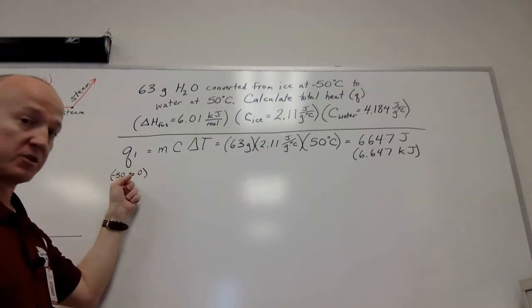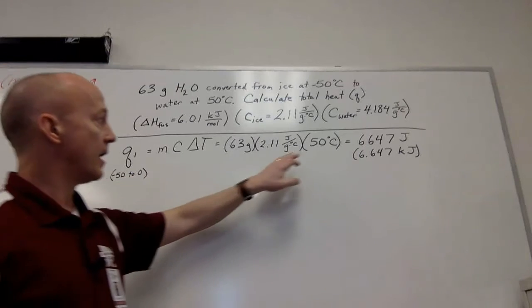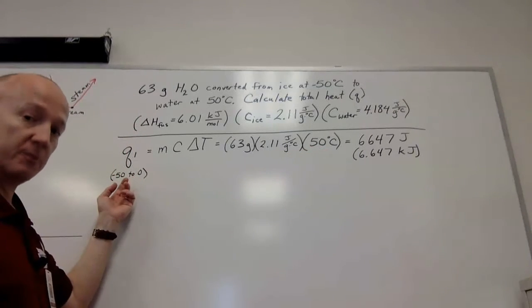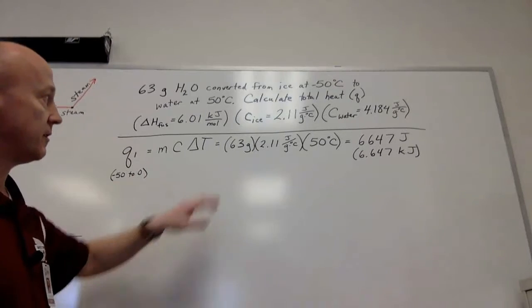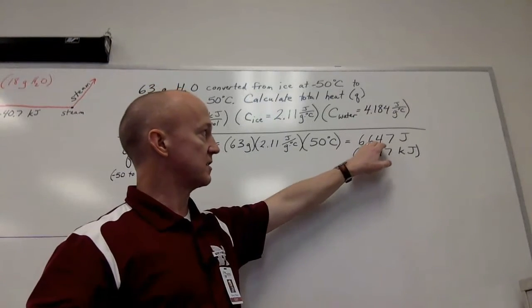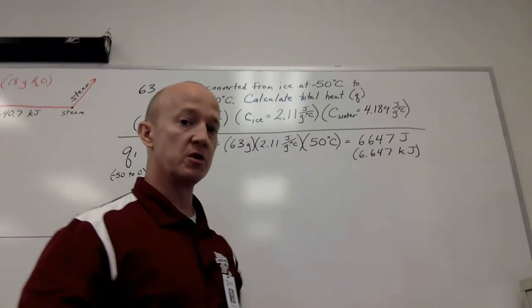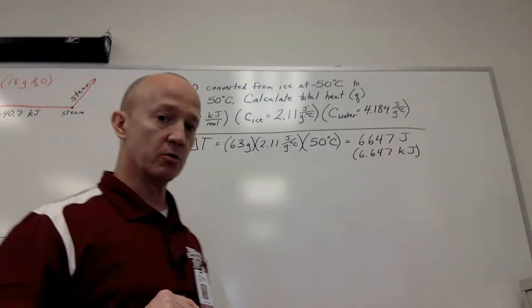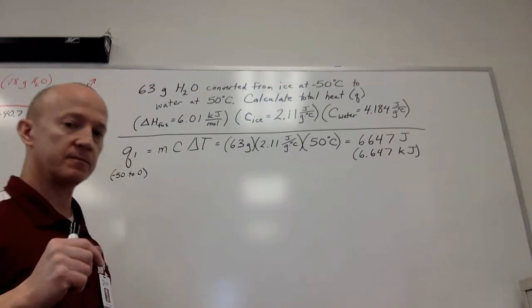Remember, we're still in the ice stage, aren't we? And then, what's the change in temperature? 50 degrees, going from -50 to 0. That gives us a total of 6,647 joules, or 6.647 kilojoules. We divide the joules by 1,000.